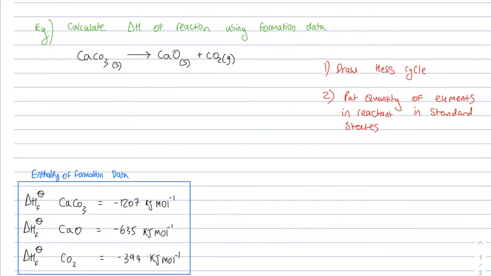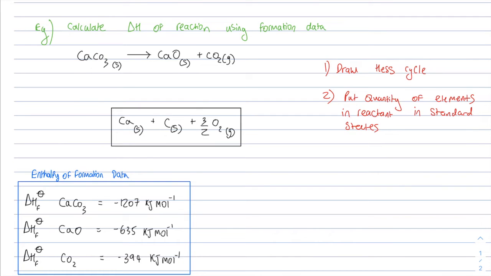Looking at the reactants, we can see that it is made up of 1 calcium, standard state is solid, 1 carbon, standard state solid, and 3 oxygens. Standard state of oxygen is O2, so we have to put 3 over 2. Now in enthalpy of formation, 1 mole of a substance is formed from its elements under standard states.